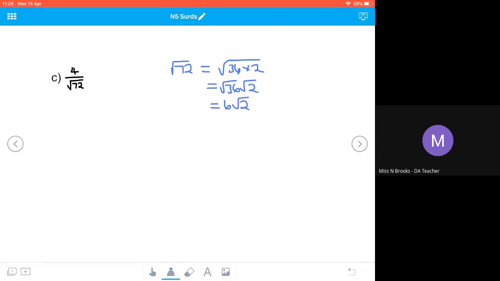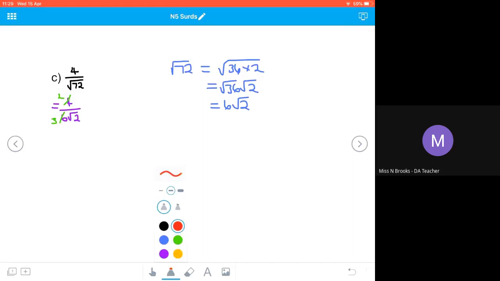I'm now going to substitute that back into my original question, which was 4 over root 72. So I'm going to have 4 over 6 root 2. While I'm here, I'm going to simplify that fraction because they're both in the 2 times table, so that is 2 over 3.